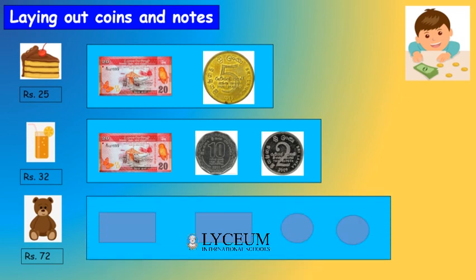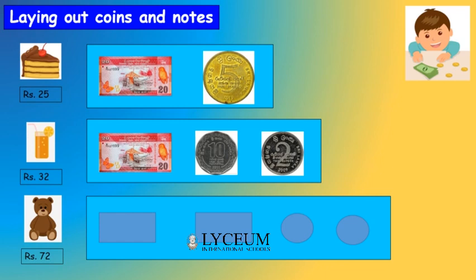Next one. Okay. We'll do this carefully step by step so that it nicely goes into your head. Now there's a cute little teddy bear. How much is the teddy bear? 72 rupees. Again, break 72 into tens and ones. When you break it into tens and ones, you get 70 and 2.